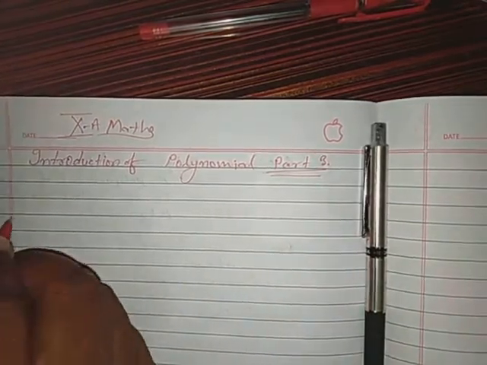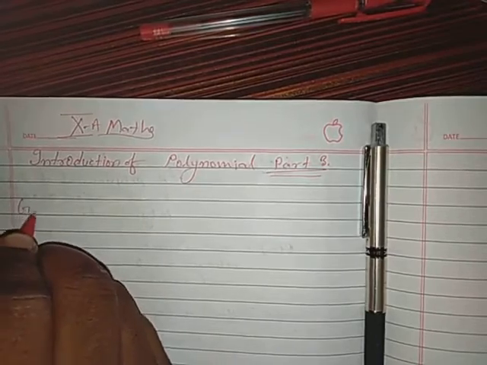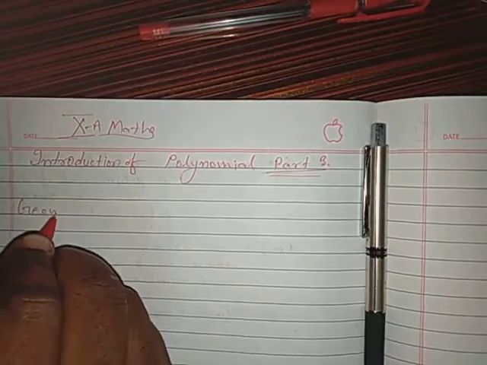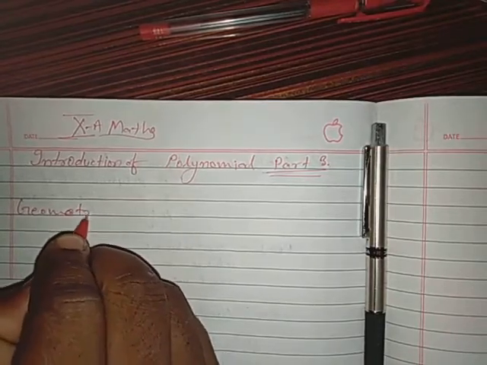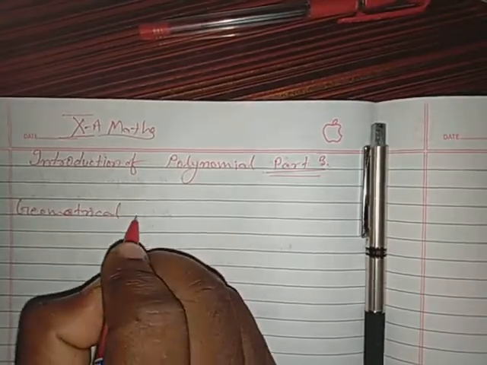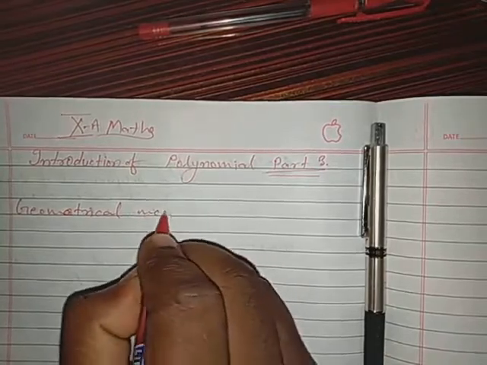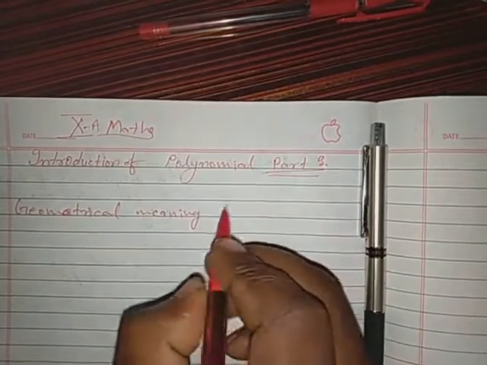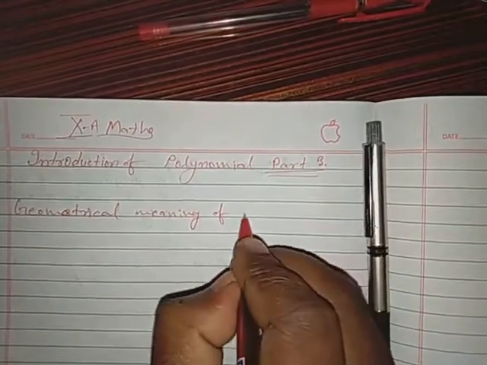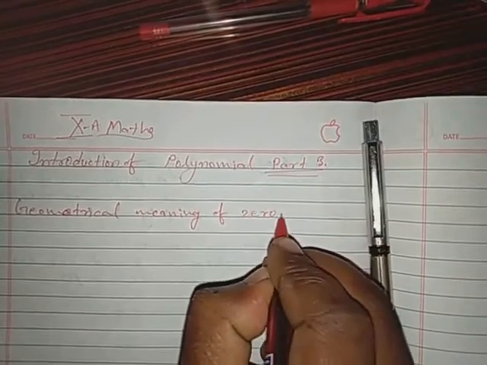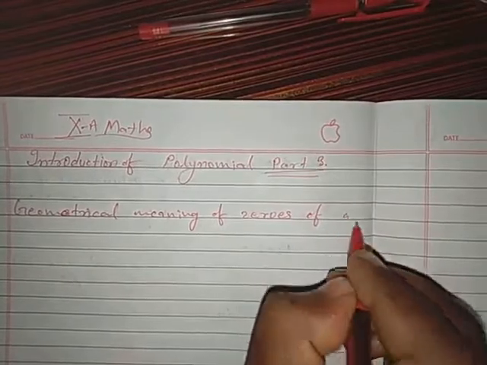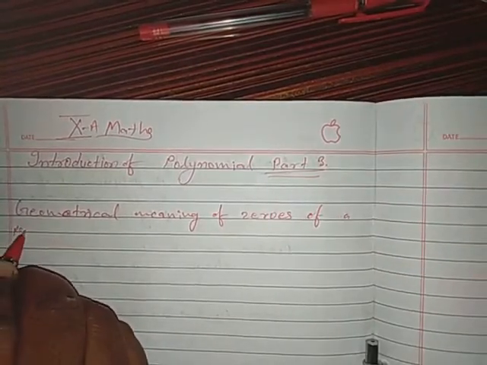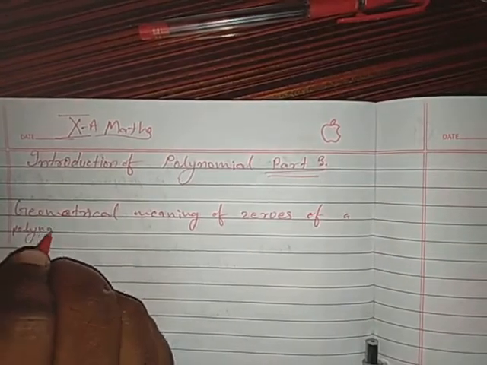Point: geometrical meaning of zeros of a polynomial.